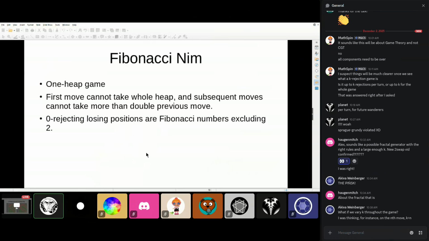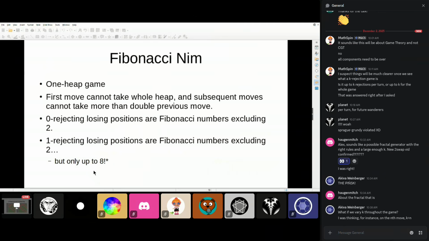So I wrote a script in parallel to the one that gave me all these positions for nim, just to see what would happen if I programmed in a routine for Fibonacci nim. In the one rejecting game, the losing positions are the Fibonacci numbers, only up to 8.